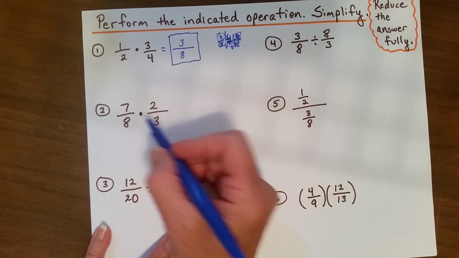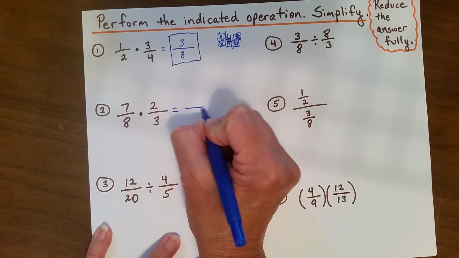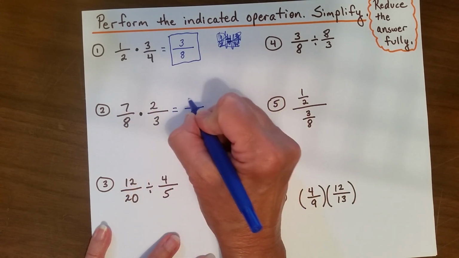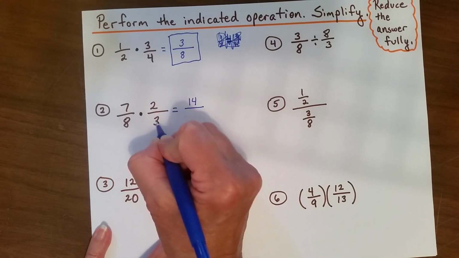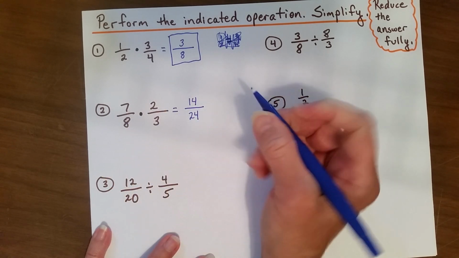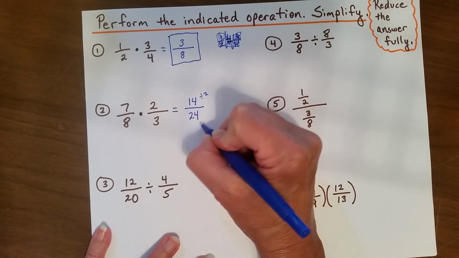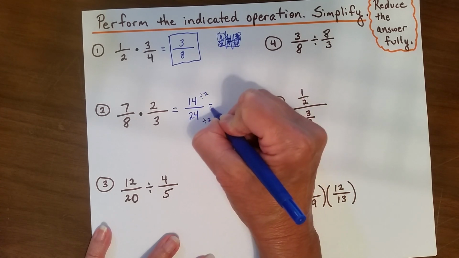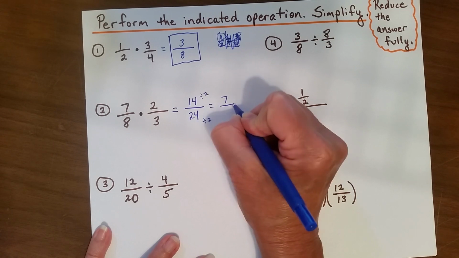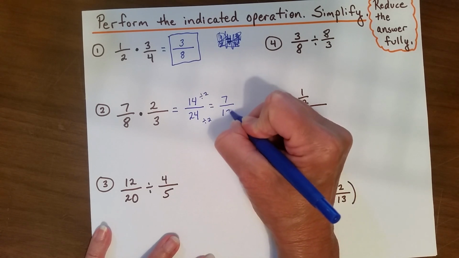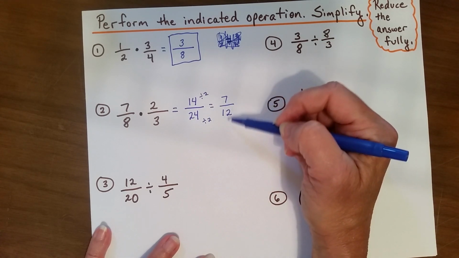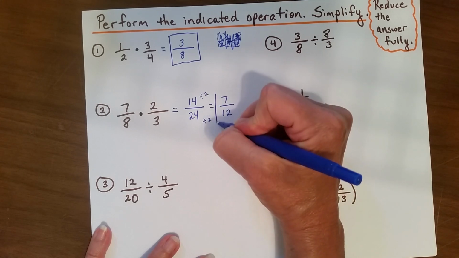Okay, let's try this one. Multiply the numerators. 7 times 2 is 14. 8 times 3 is 24. Now both of those are divisible by 2, so I'm going to divide top and bottom by 2. 14 divided by 2 is 7. 24 divided by 2 is 12. And that would be completely simplified. That does not simplify further.